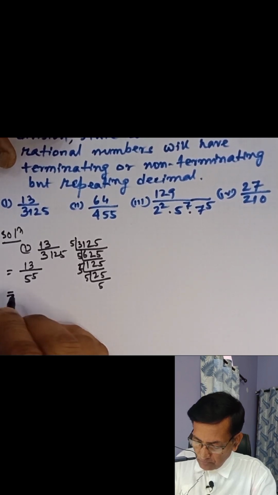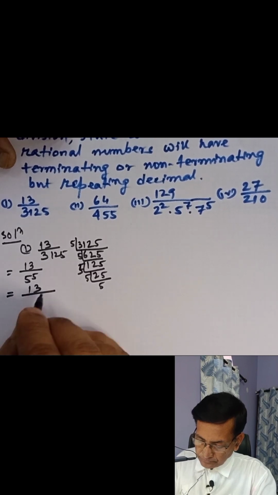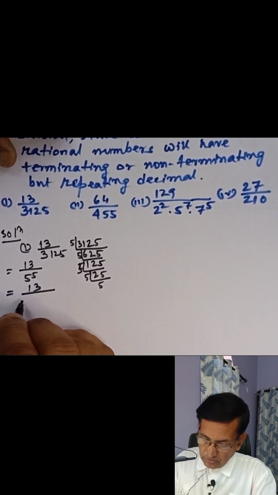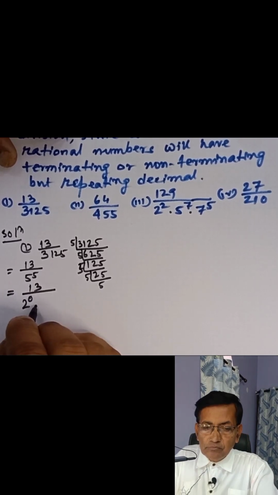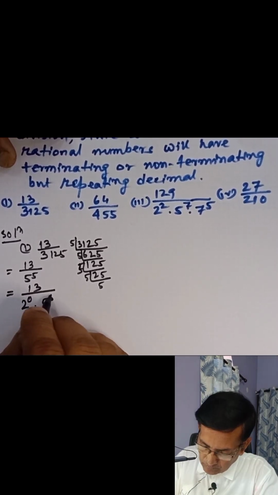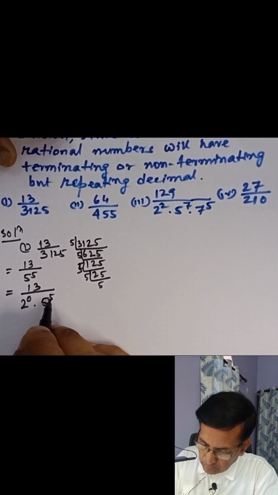Again, it is equal to 13 divided by 2 to the power 0, which means 1, into 5 to the power 5. So the denominator is in the form of 2 to the power n, 5 to the power m.